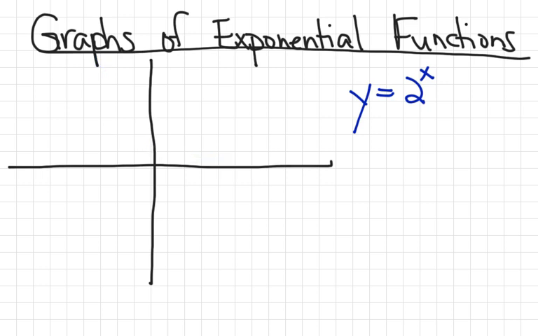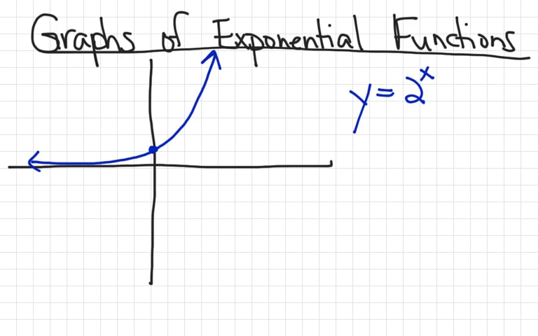There we go. Sorry. The graph of y equals 2 to the x goes up from left to right. It has a horizontal asymptote of y equals 0, or the x-axis. I want you to notice that it passes through 0, 1, and then the graph goes up forever.